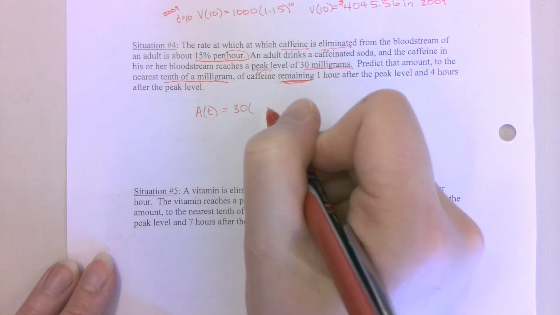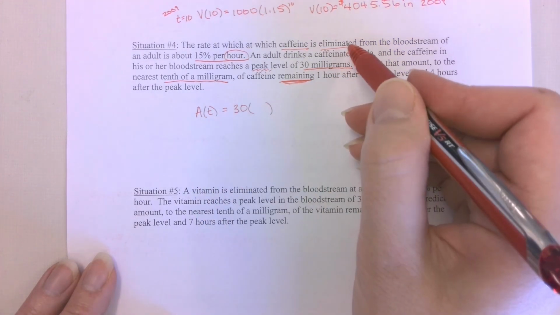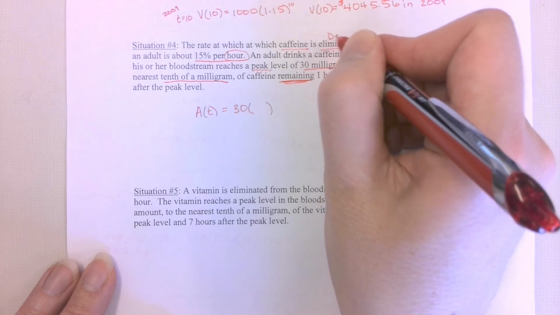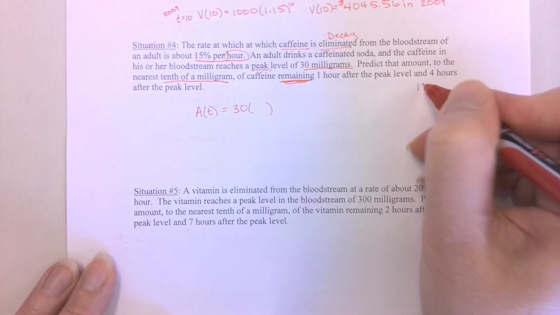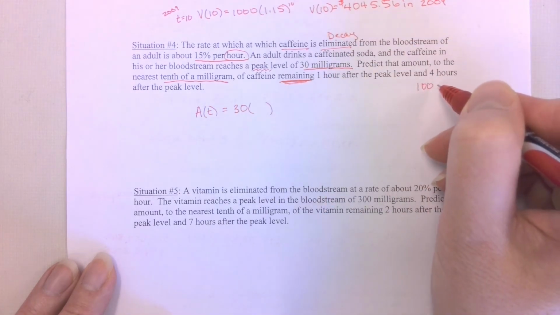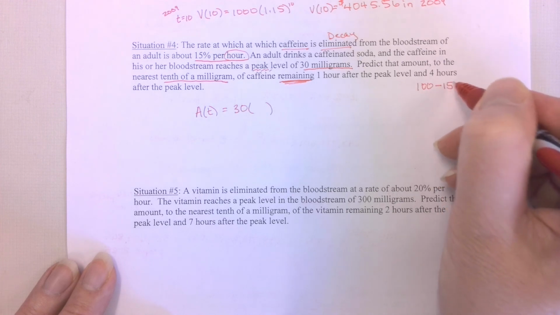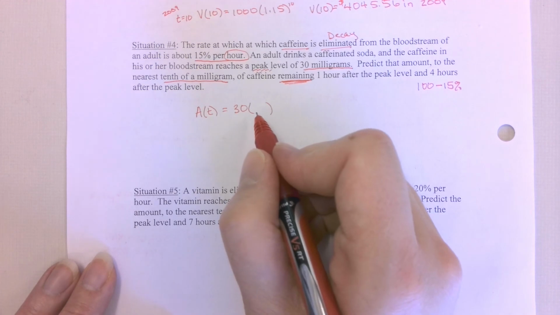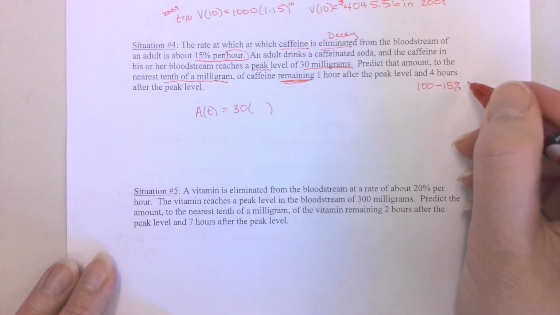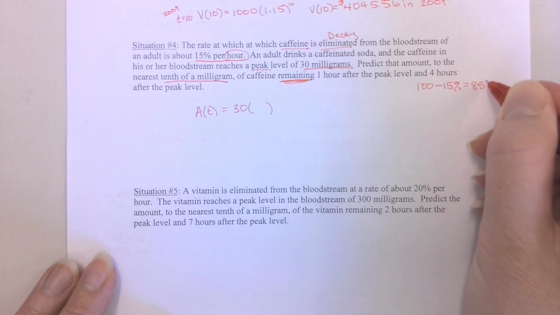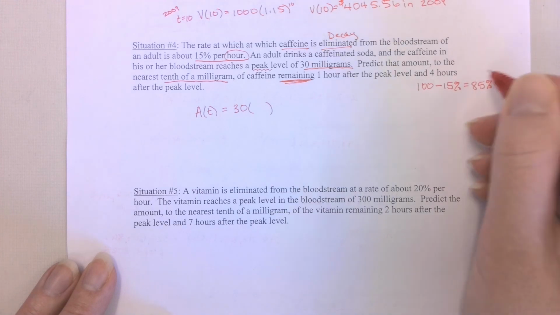I need a multiplier, but guys, this is eliminating, which means it is decay. So we have 100% of this caffeine in our system when we hit that peak level, and we're losing 15%. My multiplier is not what I'm losing. My multiplier is what is left. And 85% is what is left in my system.